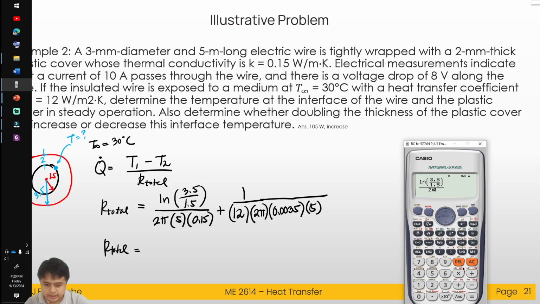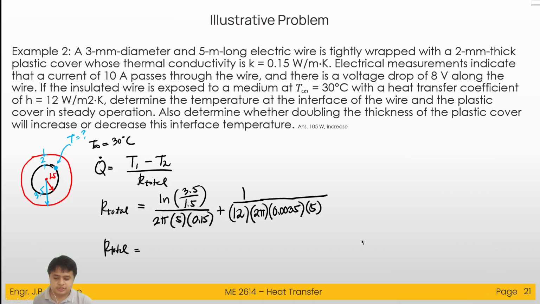So 2 pi times 5 times 0.15, and 12 times 2 pi times 0.0035 times 5. We have 0.9377, and the unit should be Kelvin per watt.